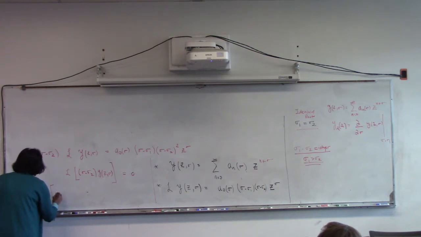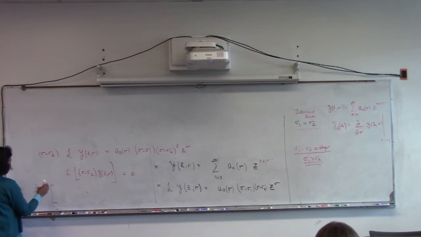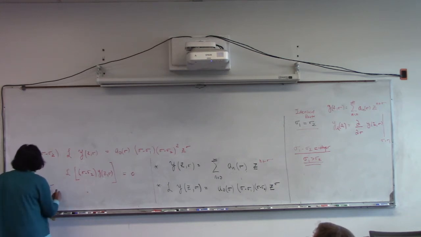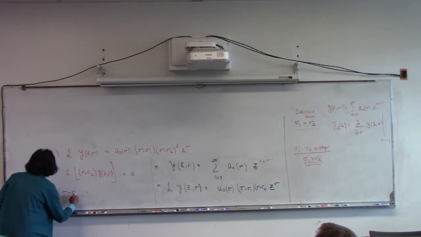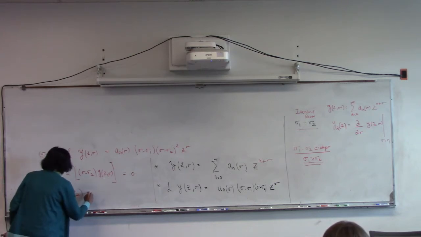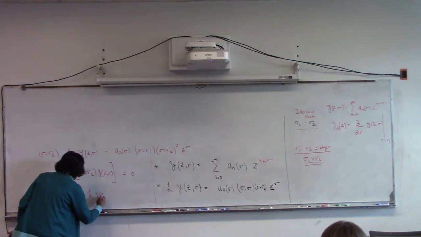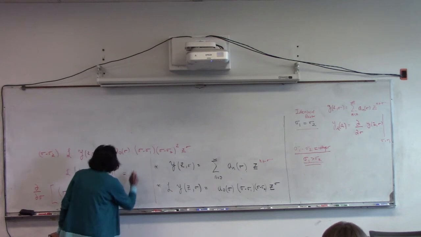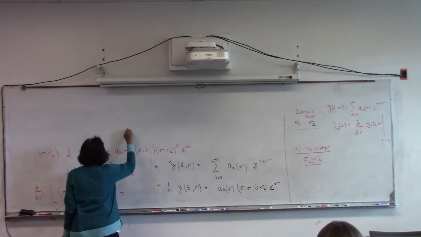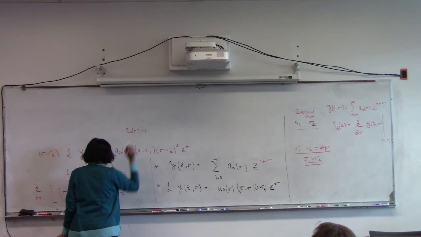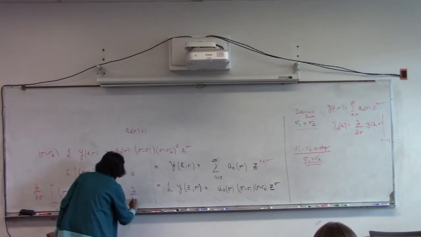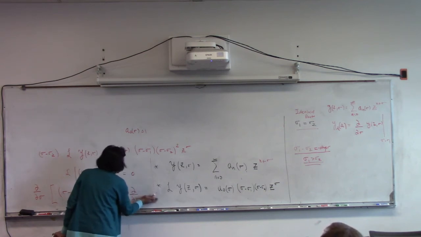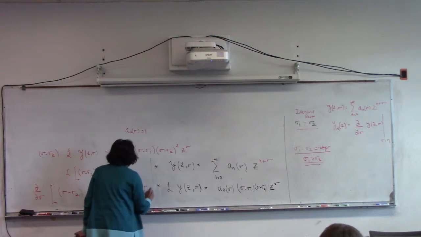Step by step. Now, then I take A0 sigma equal to 1, okay, and I'll take the partial with respect to sigma of all these things.